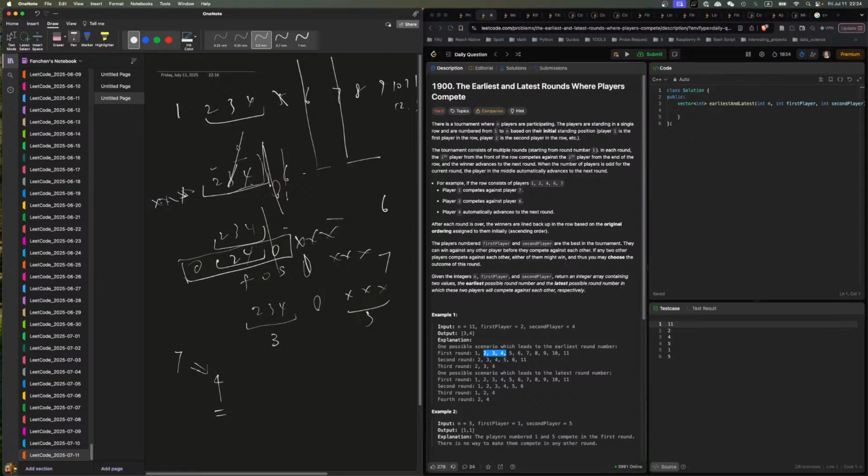The first step is for us to position it depending on, like, after the first round. After the first round, we position it. After the second round, we position it. In the third round, we can eliminate it.